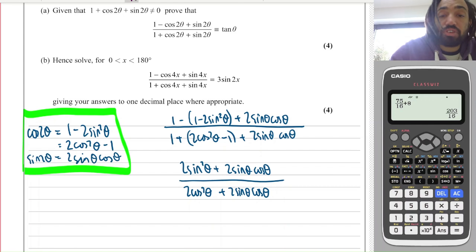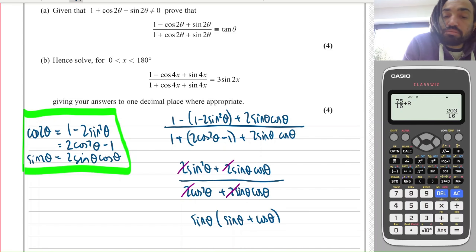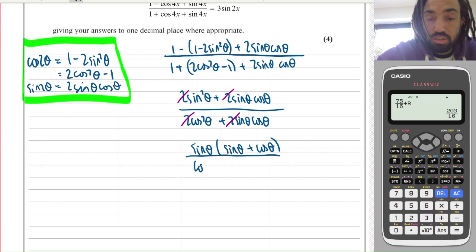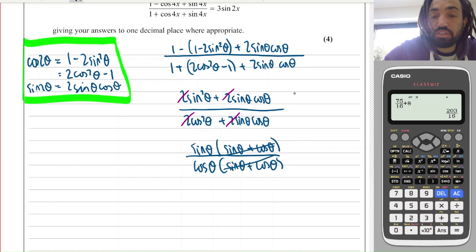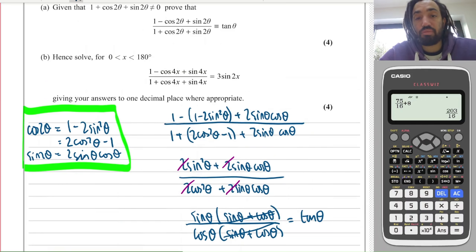I'm going to divide everything by 2. I'm going to factorize, so I get sine on top, open brackets, sine plus cos, and that's all over cos on bottom, sine plus cos, which will cancel and leave me with sine over cos, which is tan.